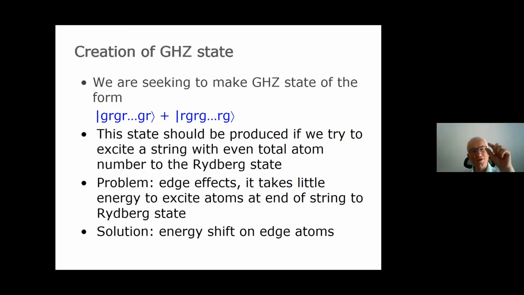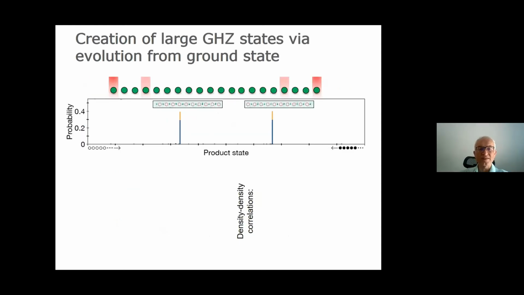And so the trick was to understand what these states look like by looking at simulations of smaller systems, and then use light shifts on individual atoms to shift these states away from resonance so that they don't come as close to the ground state. So here, for instance, this was for 20 atoms, where we adiabatically sweep, and then we list all 2 to the 20 states down here on the horizontal axis, and we see 2 states prominently come up.